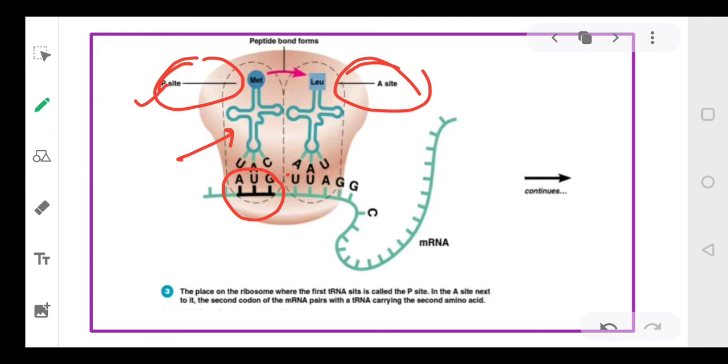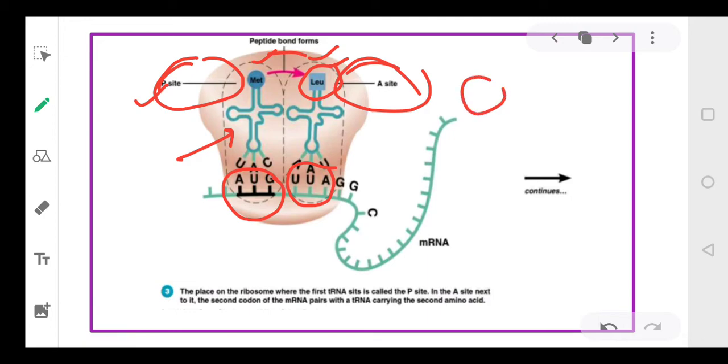So the second amino acid will come and bind with the next codon, right? This second tRNA which has come has the amino acid leucine. Now there will be a formation of a bond between methionine and leucine.